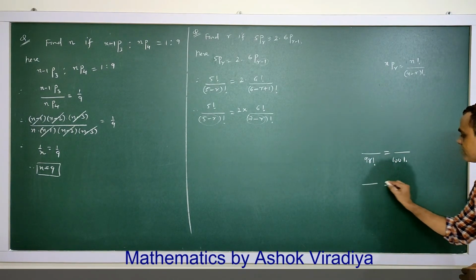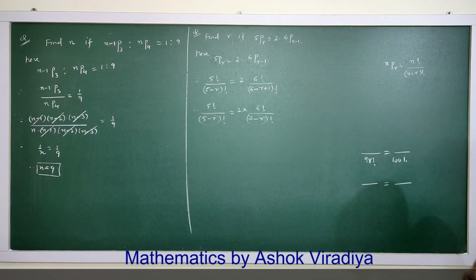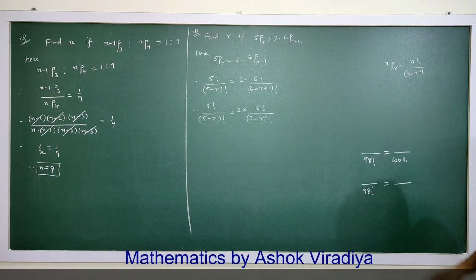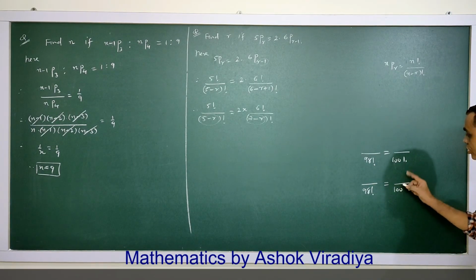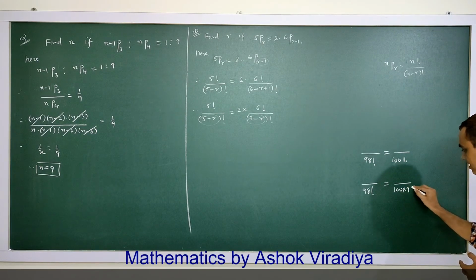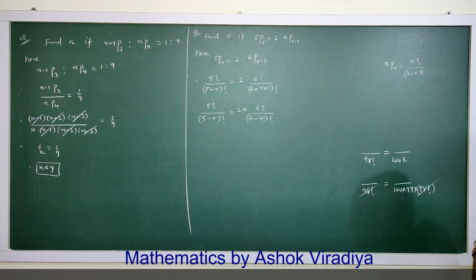In such calculation, I am discussing the denominator. How do we convert 100 factorial into 98 factorial? So 100 factorial can be expressed as 100 into 99 into 98 factorial. So this can be removed.